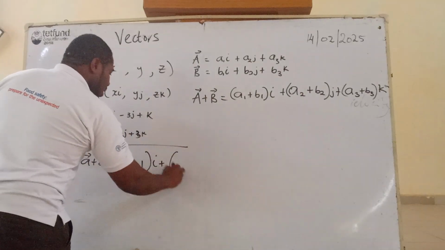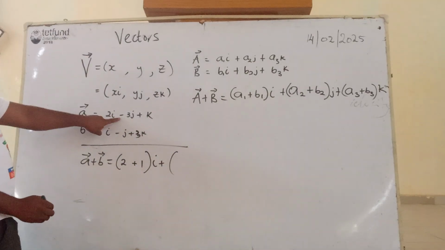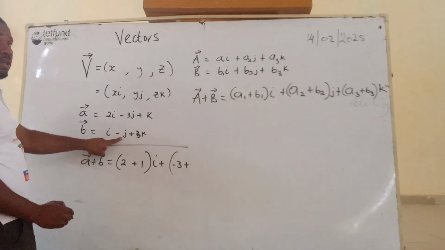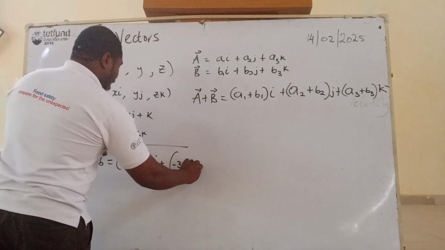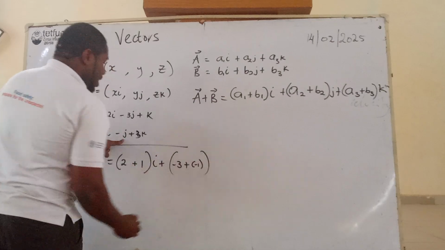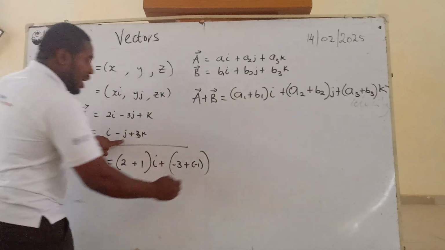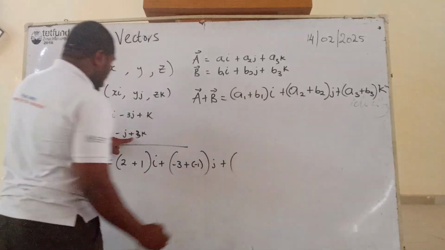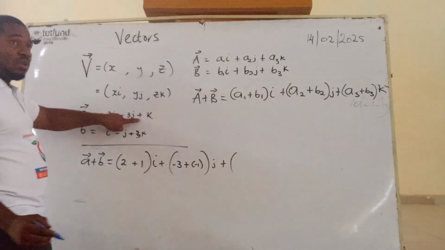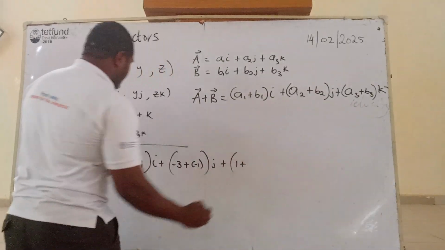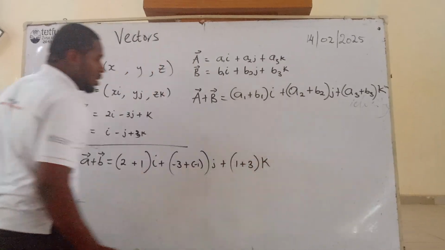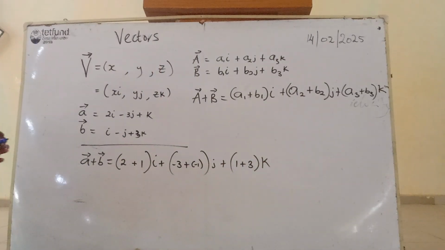Plus minus 3 plus minus 1, so I have minus 1 here. This is for the j component. Now, lastly, for the k component, we have 1 plus 3. This is for the k component. Can you see how simple this is?